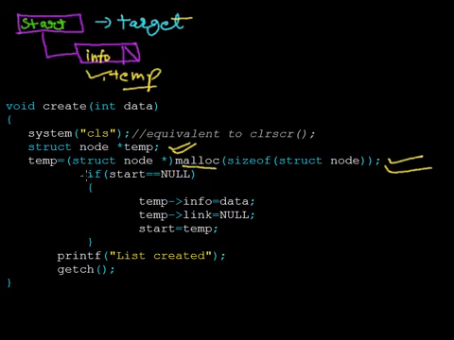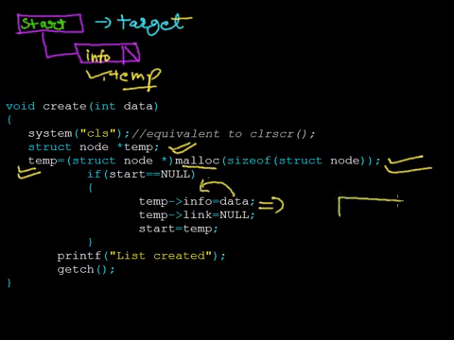Means allocating the memory space so that this node can be created, and the address of this node is copied to this variable temp, which is of node star temp. Then if start equal to null, means if we are creating the first node, then copy the data part into the info part of the node.